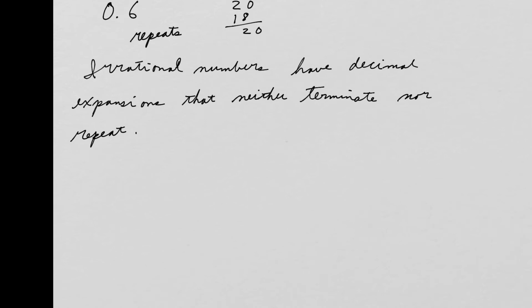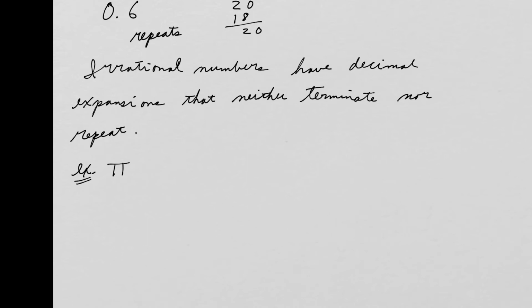Okay, so at first you might be thinking, well, what's an example of an irrational number? There's one that we're definitely going to look at when we get into the geometry chapter, and you may have heard of this. It's pi, right? It's the ratio of the circumference to the diameter of a circle. It's very important.